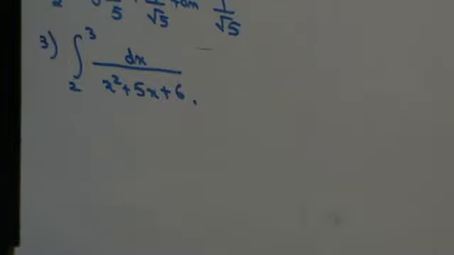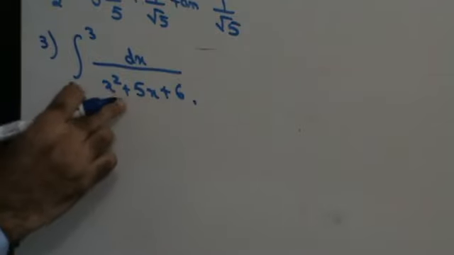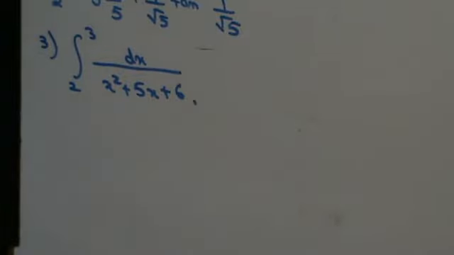Either I can solve this by quadratic or I can solve this by partial fractions. If I was not able to get the factors of the quadratic, then I would have had to solve the problem by the quadratic method. Here I am able to do it, so I can use any one of the two methods. We will use partial fractions.